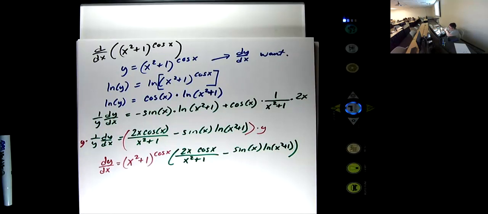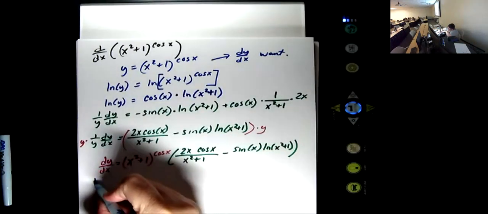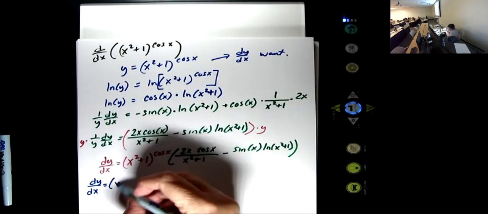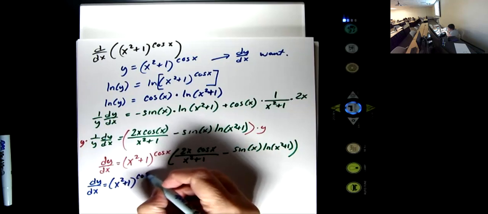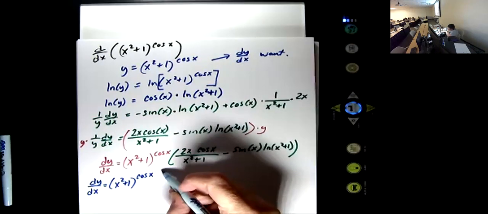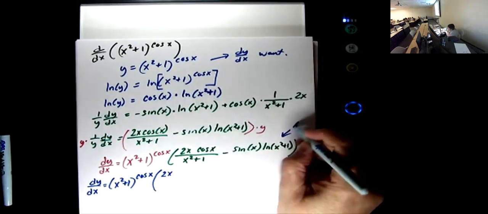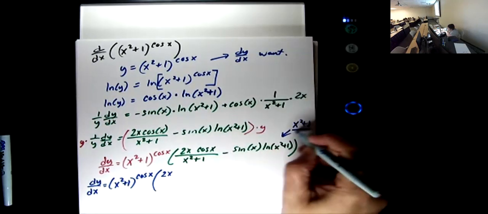I'm going to take this a little bit further, just because something happens here that you may not recognize. And it's worth seeing. I'm going to get a common denominator by multiplying this by x squared plus 1 over x squared plus 1.